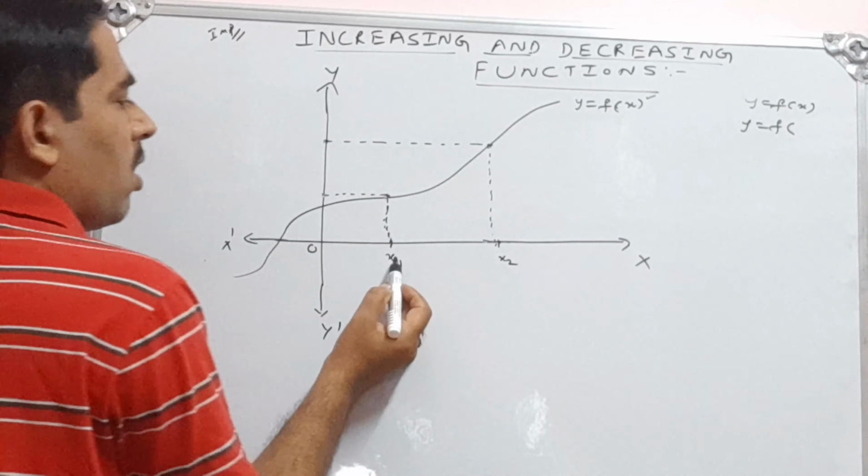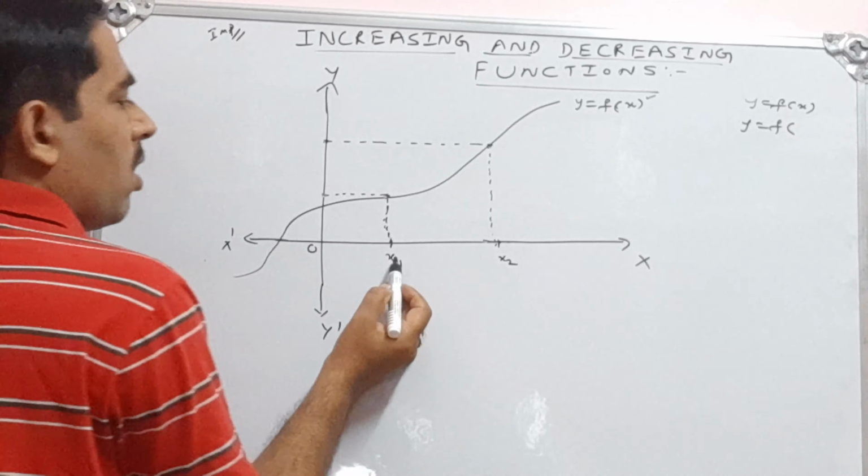Similarly, this height, where this is x2 and this is x1, is y equal to f of x2. So this is f of x1, this is f of x2.